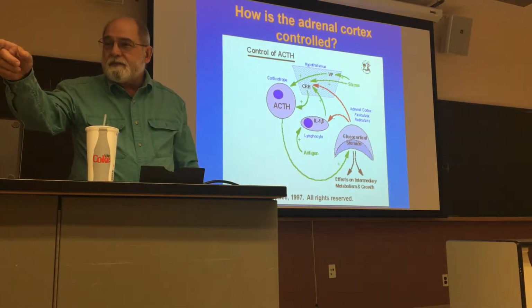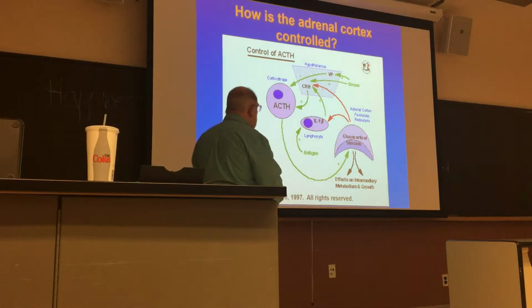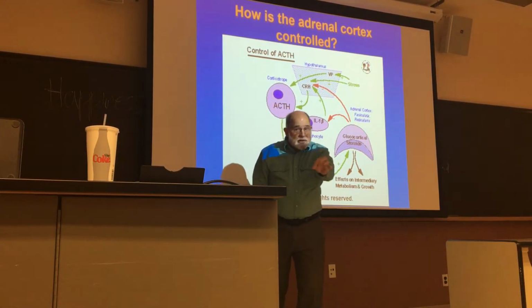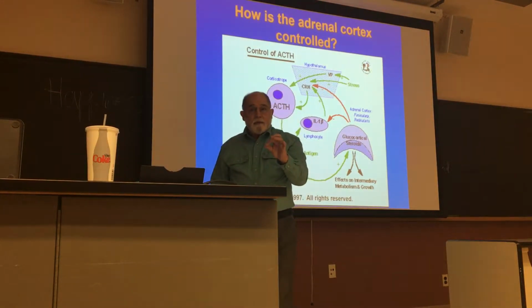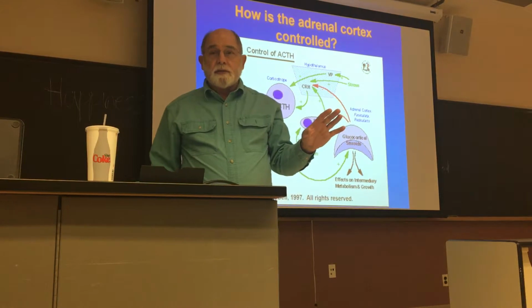Yeah. The glucocorticoids suppress the immune system? Correct. Okay. How so? Are we supposed to know that? Glucocorticoids act via their receptors, which are found in virtually all cells, including immune cells.